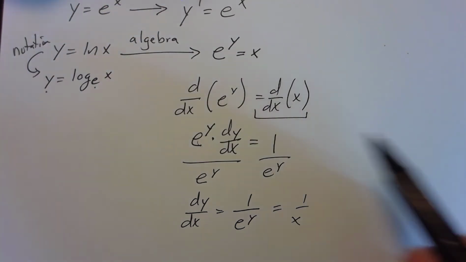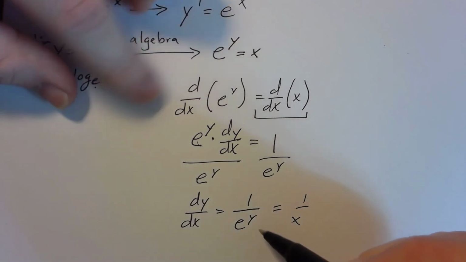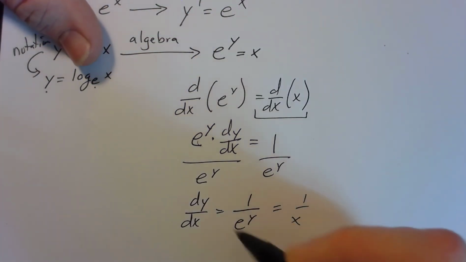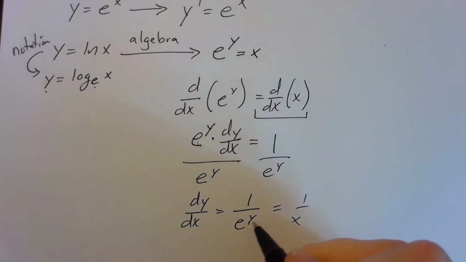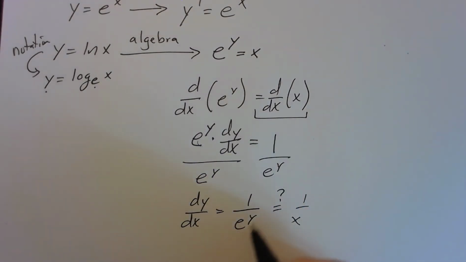Well, also make note that we did change the form of this function to something else. So one way that we can manipulate this equation to verify that this is supposed to be simply 1 over x is to take what y really is. Again, note, this is dy dx. This function, I'm going to put a question mark here, should be in terms of the variable x.